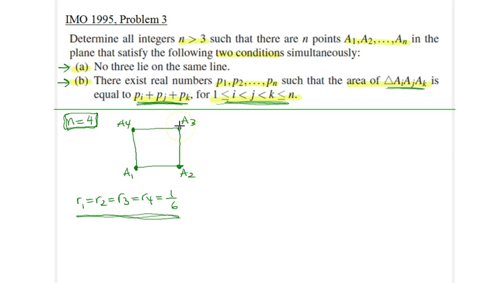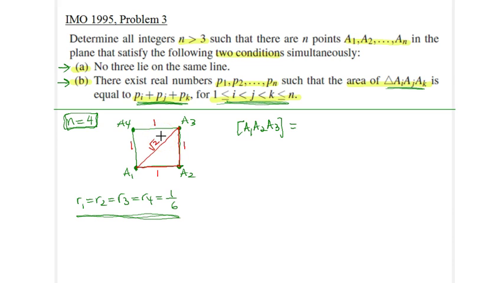So all we need to do is to confirm the areas of A1, A2, A3, for instance. So the area of say this right triangle here, so we have a unit square, so side lengths 1 each.